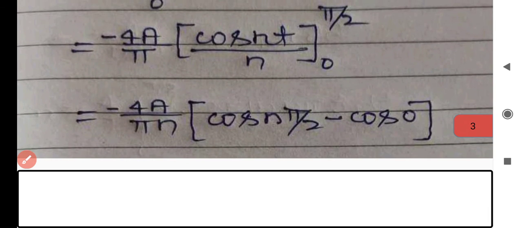When we put the limit, it will look like cos of n pi by 2 minus cos of 0.